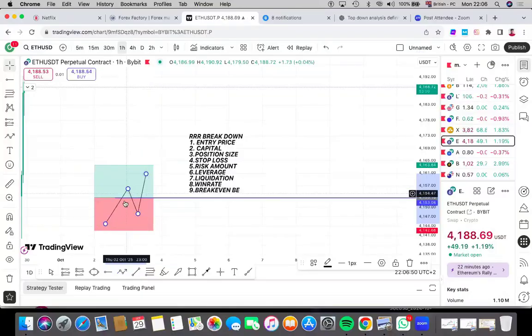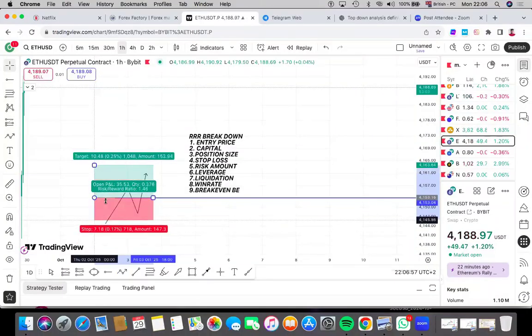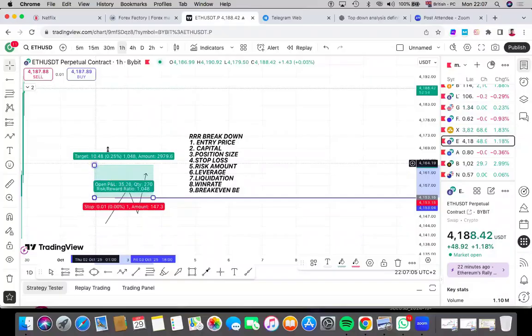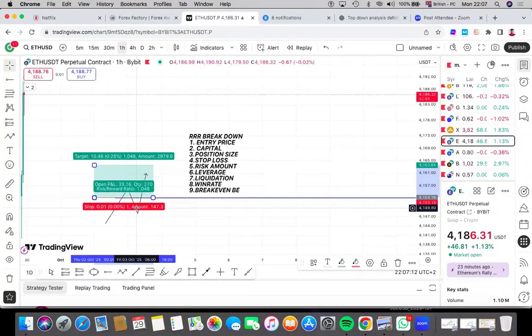So I could decide to shift my stop loss now to my entry price, so as to have a risk-free position. So now, even if the trade should go against me, I won't be losing anything. That is when you are on a BE, okay, you're on a break-even position.